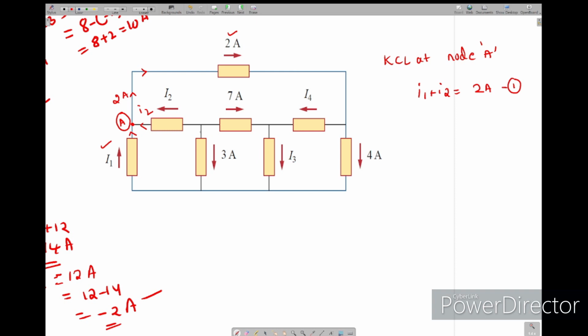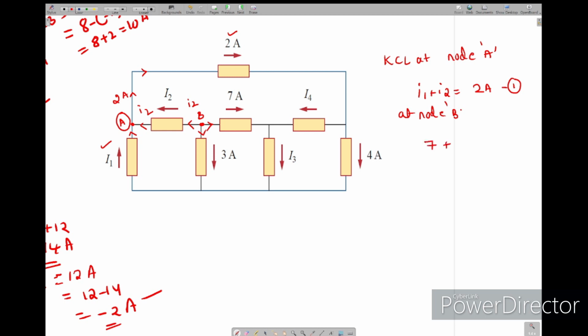We require I2. At this node B, 7 amps is leaving, 3 amps is leaving, and I2 also leaving. So at node B, KCL is the sum of the leaving equals the sum of the entering. We don't have any entering current.